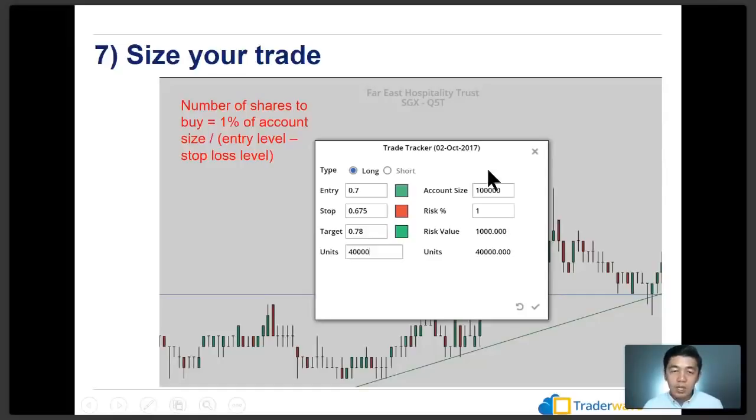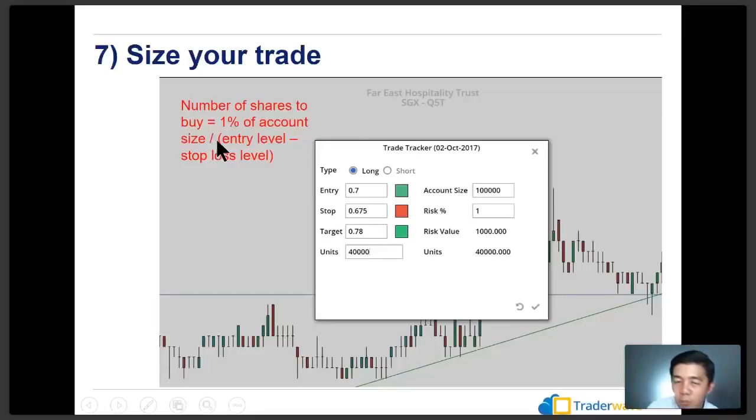All right. So in this case, you can calculate the number of shares as long as you have your account size, the percentage you are risking, as well as the entry level and the stop loss level. The method to calculate the number of shares to buy is to take 1% of your account size, in this case $100,000, and divide by the difference between your entry and stop loss level.